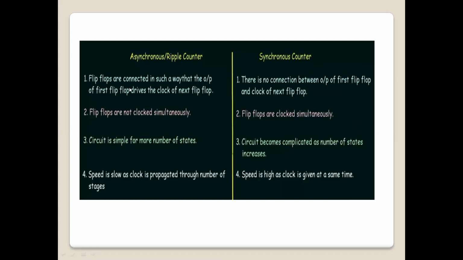In an asynchronous counter, flip-flops are connected in such a way that the first flip-flop drives the second flip-flop, the second flip-flop drives the third flip-flop, like that. In a synchronous counter, all clock inputs of the flip-flops are connected in parallel, so all are triggered simultaneously.